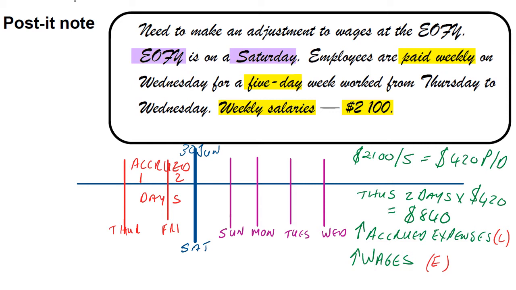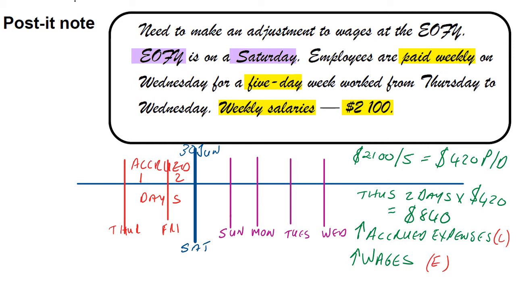So if you look at my calculation, I went 2,100 divided by 5 days gives me $420 per day. If you look at my sketch in red, there's 2 days that are accrued. We would owe that money up to the end of the financial year. So 2 days times $420 gives me $840. Salaries or wages, in this case, is an expense.